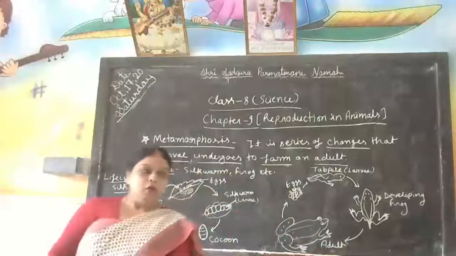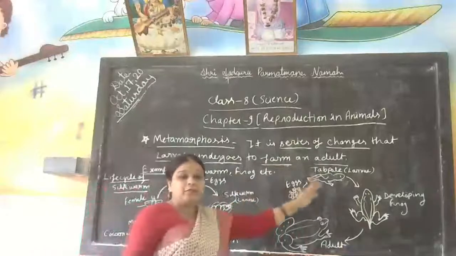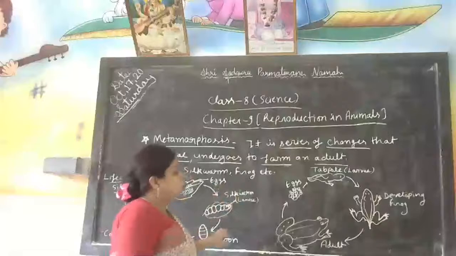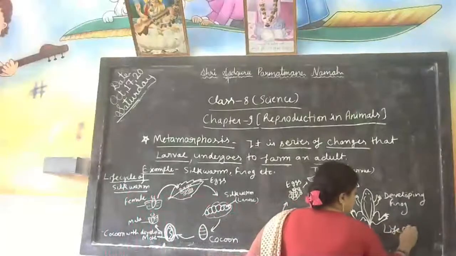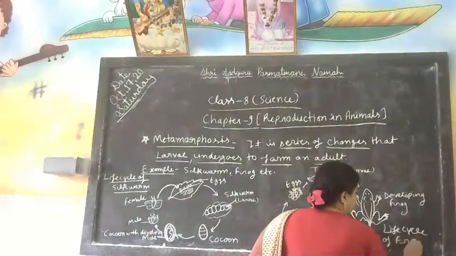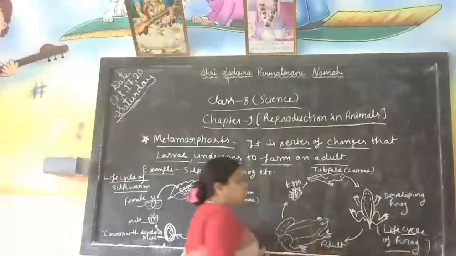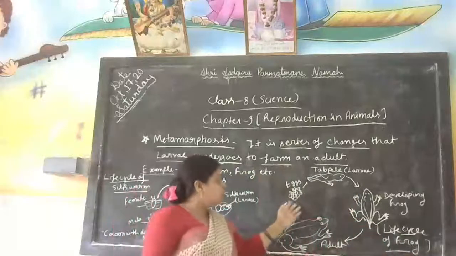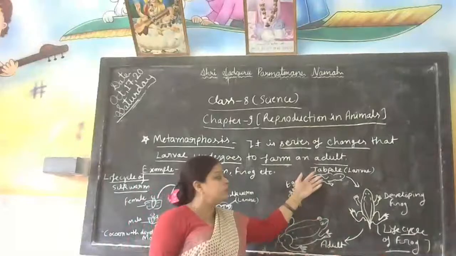You can see metamorphosis in the life cycle of the frog. Here you can see these are eggs. Eggs convert into tadpole, which is also known as larva.